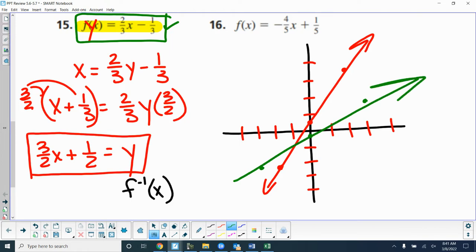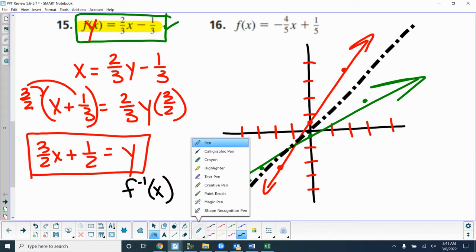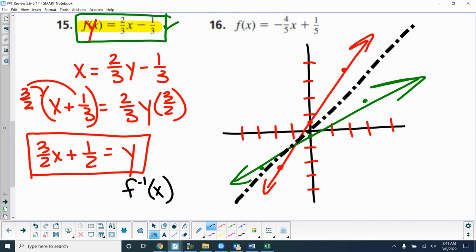Oops, I missed that one, but remember our y equals x line is where it reflects. That's kind of right through there. If I fold it along that dashed line, we'd get that red and green one on top of each other, wouldn't we?